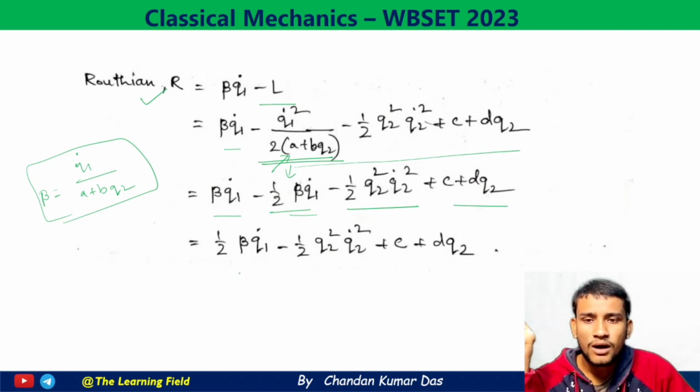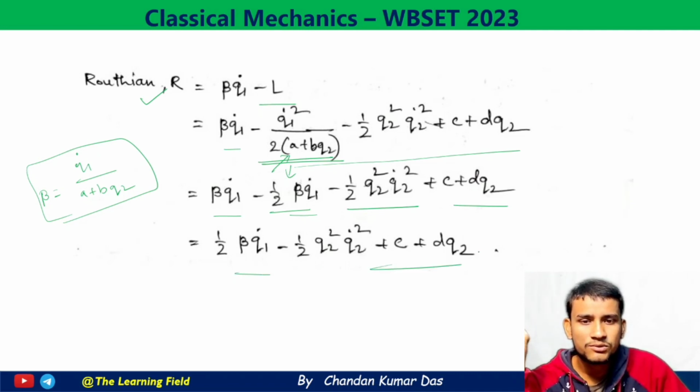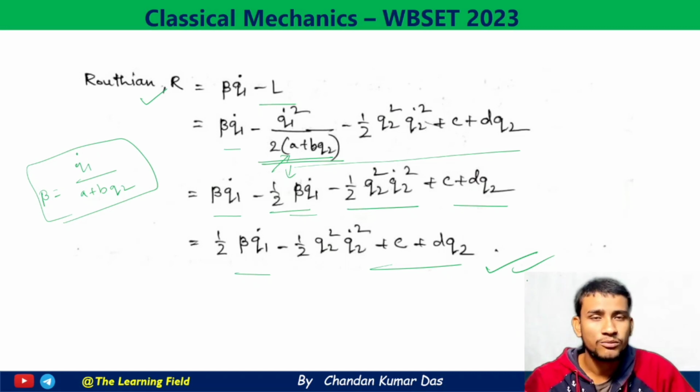So this is equal to half into beta q1 dot. So this we get, and this is the Routhian of the above system.